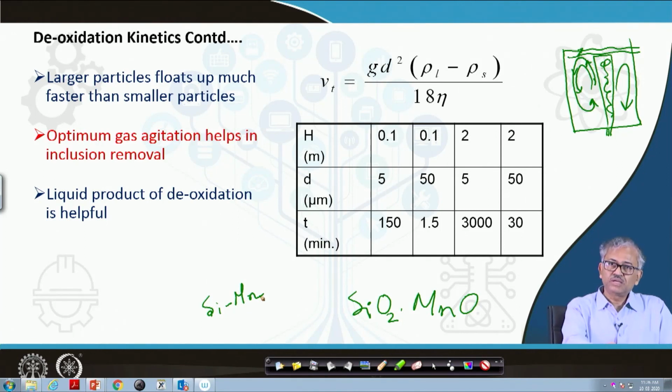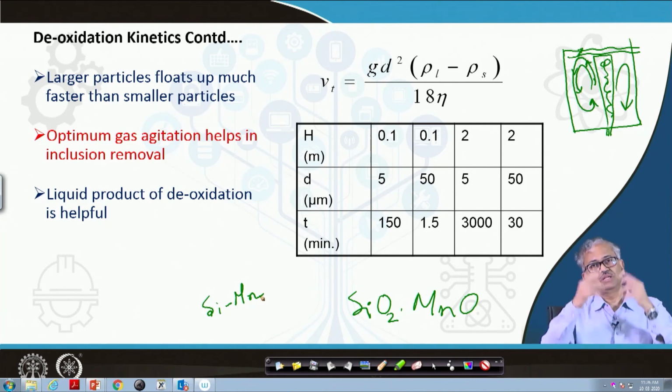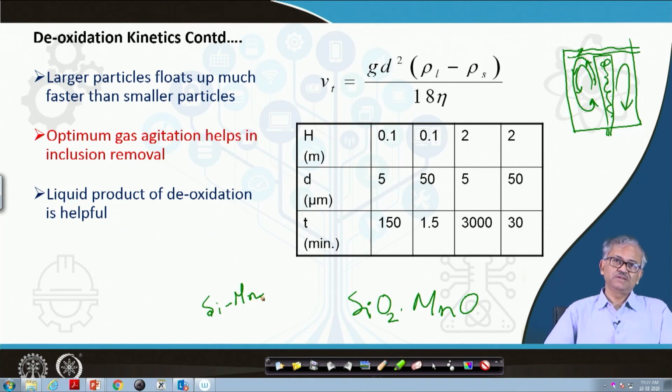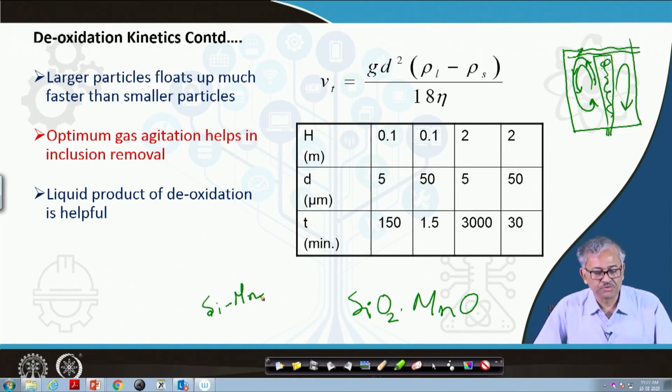When silicomanganese is used as a deoxidant, it forms SiO2-MnO, a liquid product of deoxidation, and they coalesce and make a bigger inclusion and float up in the system. That's why silicomanganese is used as a deoxidant, very helpful from the kinetic point of view.